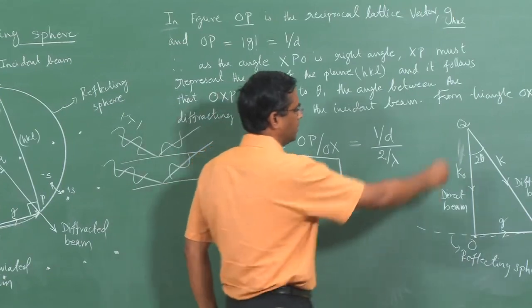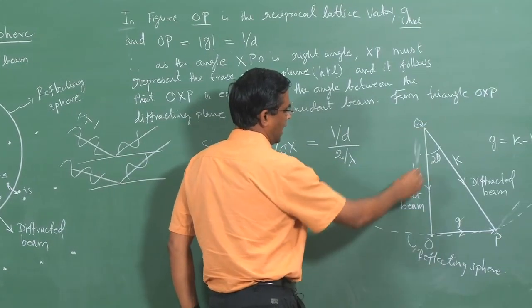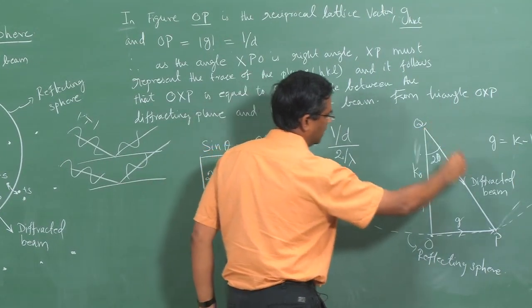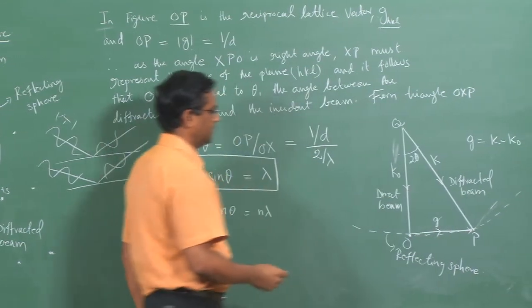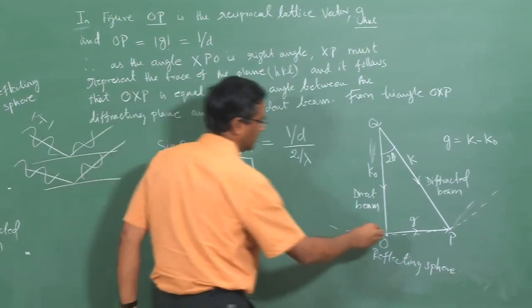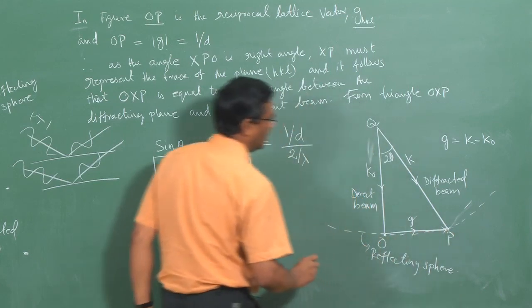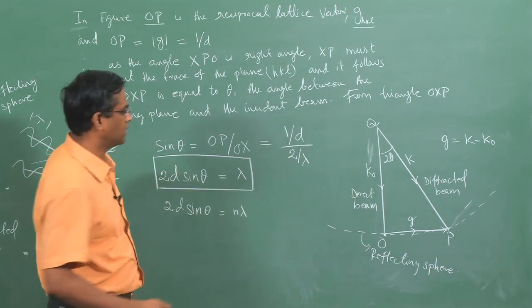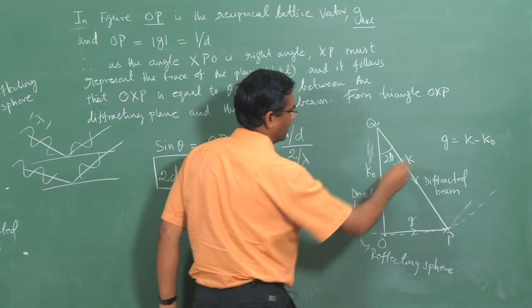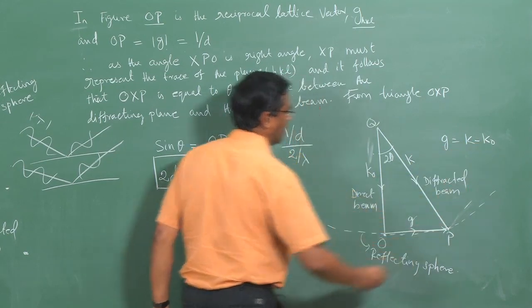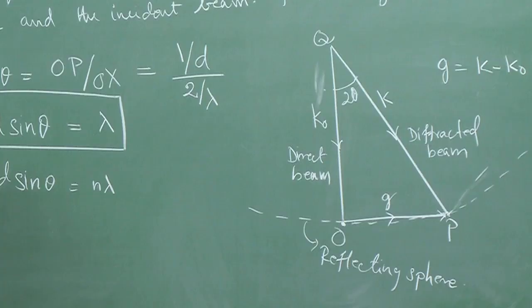For example, here it is a direct beam K naught, a diffracted beam is K. So, you have this diffraction vector G. Vectorially we can show this as G is equal to K minus K naught. This is another way of showing the Bragg law in a vectorial form.